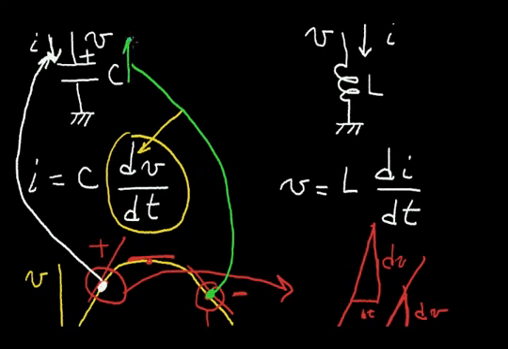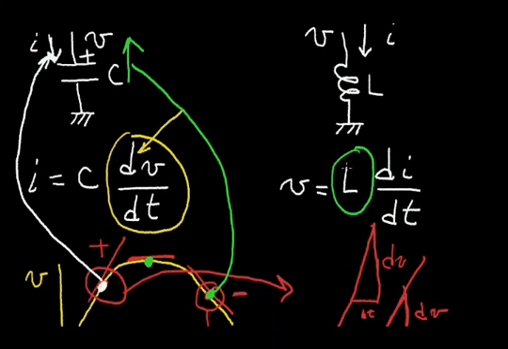It's flowing in this direction. If I have zero slope, corresponding to this point, I have zero current flowing in the capacitor. Now the inductor behaves in a similar way, except the voltage and the current terms are reversed. Instead of having capacitance, I have an inductance in this equation.